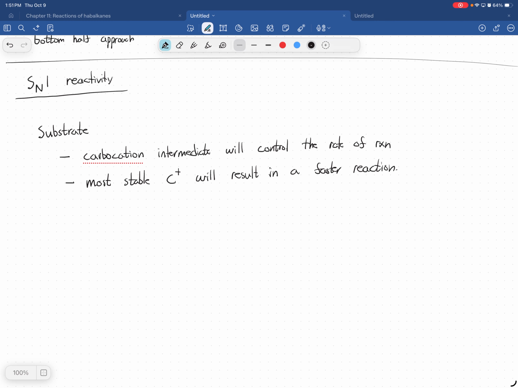All right, so I want to put a little tidbit here. So secondary, so for example, on this type of carbocation, secondary, and tertiary. Okay, so secondary and tertiary undergo SN1. Okay? They can undergo SN1. All right. So primary slash methyl carbocations. So these ones here.